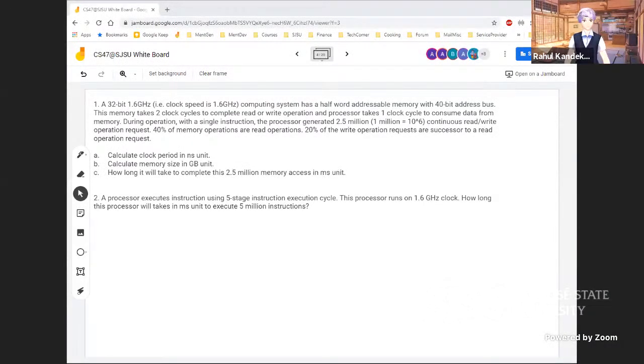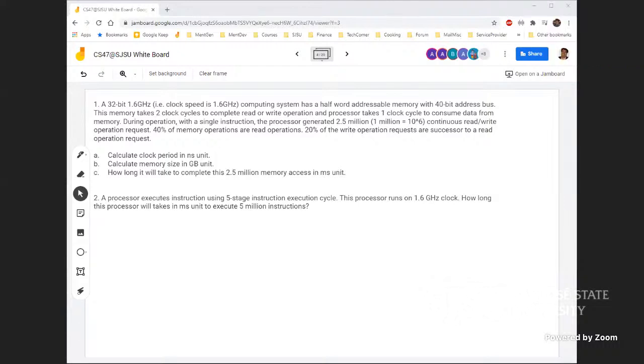So let me show you how parts B and C are solved. Let me go back to my whiteboard. Now you see that first one, Rahul, your team was on the right approach, but somewhere you messed up with the units. So let's see.